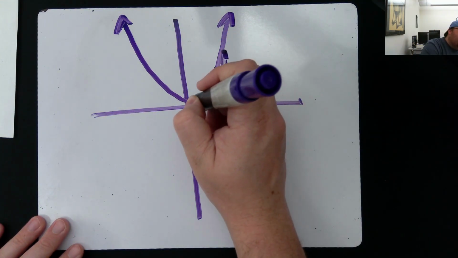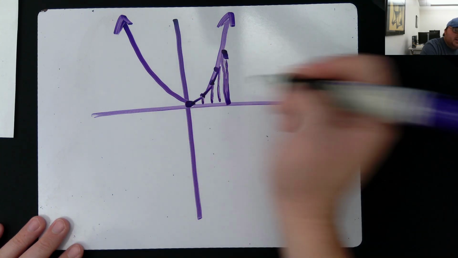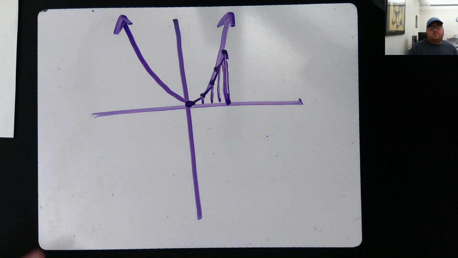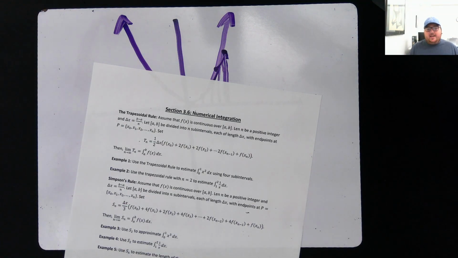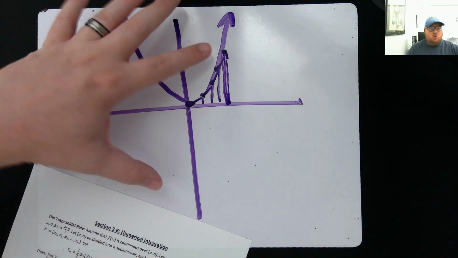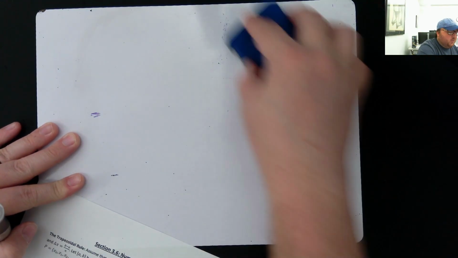So I'm going to do this trapezoid here, this trapezoid here, this trapezoid here, and this trapezoid there. That's what I want to do, which is going to turn into this formula I have there. So there are a few things I need. Again, I'm just trying to show what I want to do. You don't have to actually draw this out. You just have to use the formula.